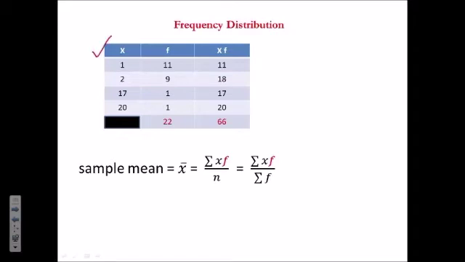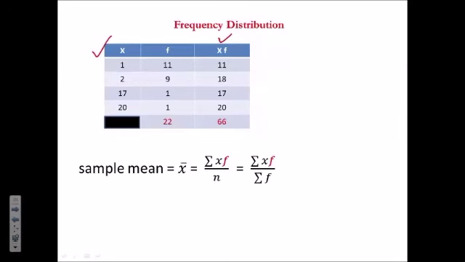So this is the table we just filled in, and we're going to use this table to get the sample mean for this frequency distribution. And we're going to use the XF column as a way of getting the sum of the scores.